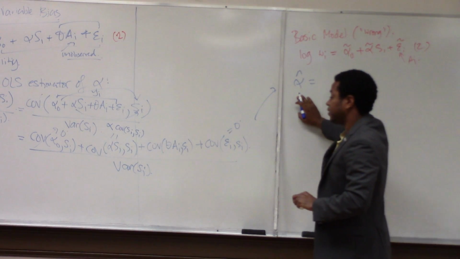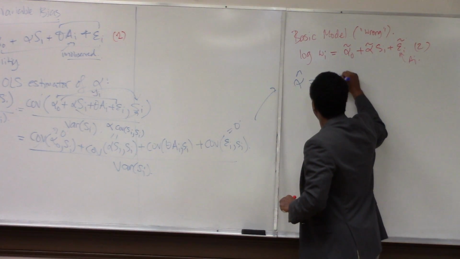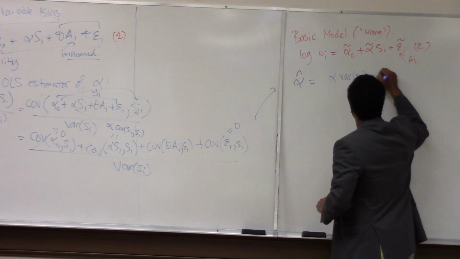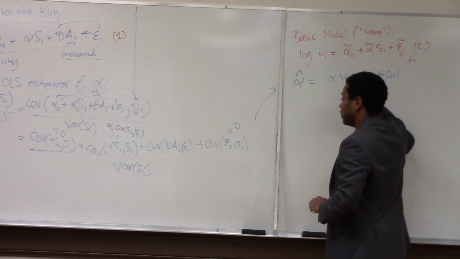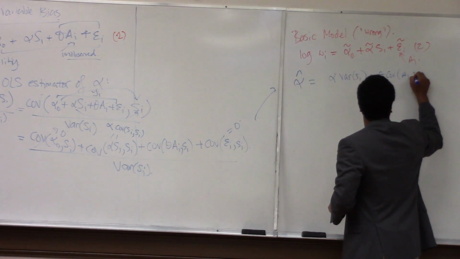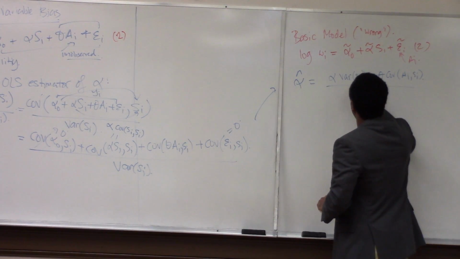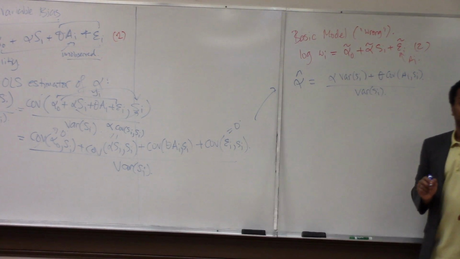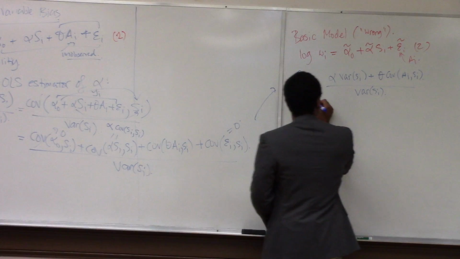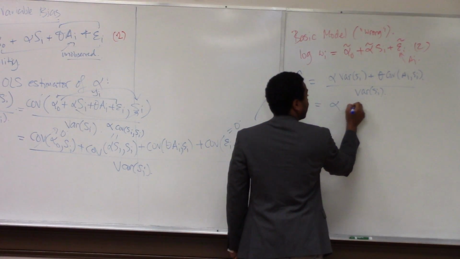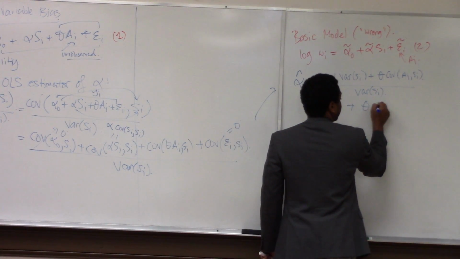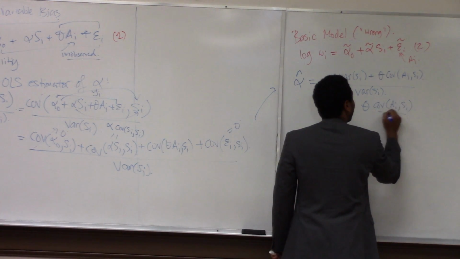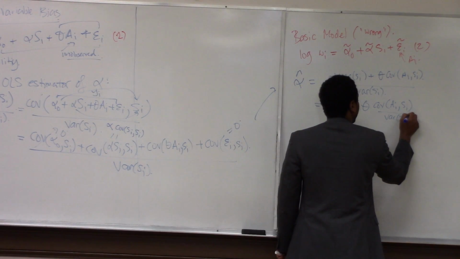So this alpha hat is going to be equal to alpha times the variance of SI plus theta times the covariance of AI and SI over the variance of SI. Right? And so we can just say that's equal to alpha plus theta times the covariance of AI and SI over the variance of SI.